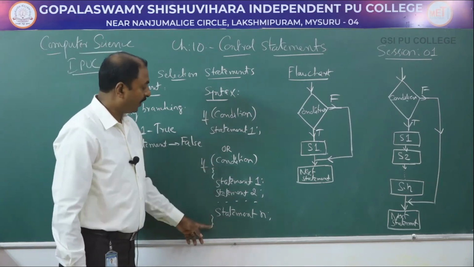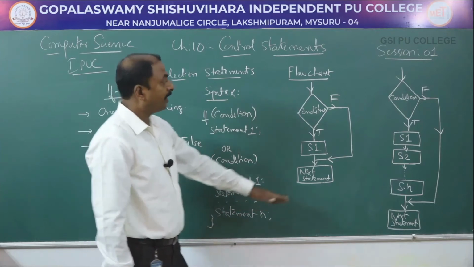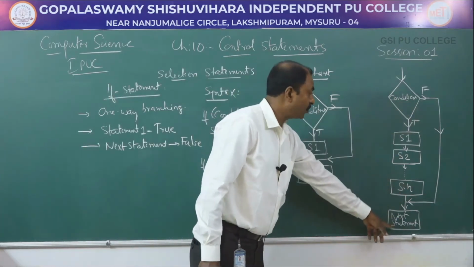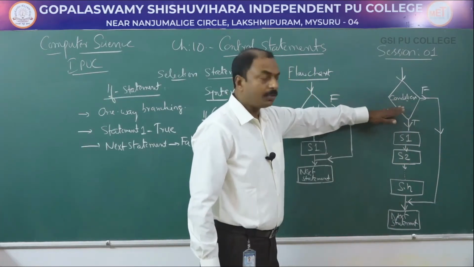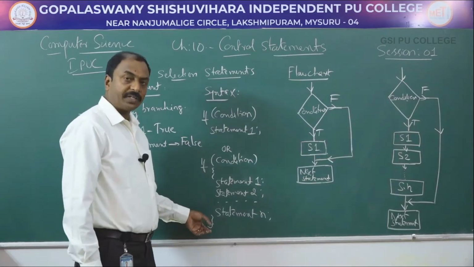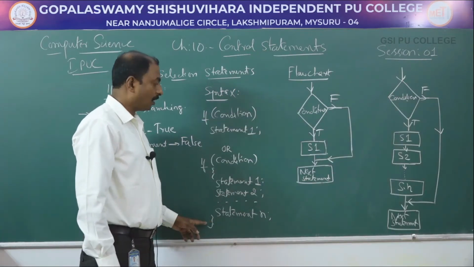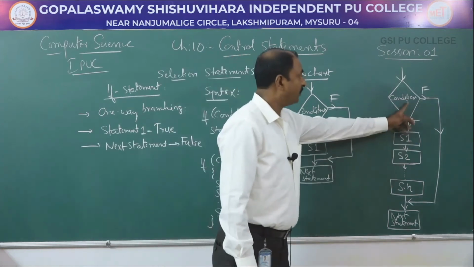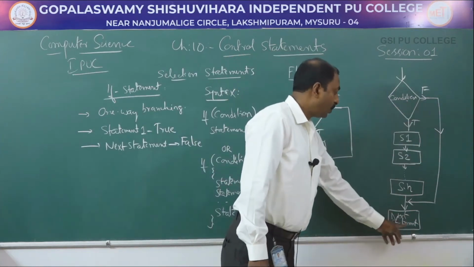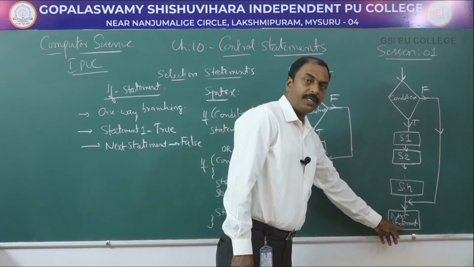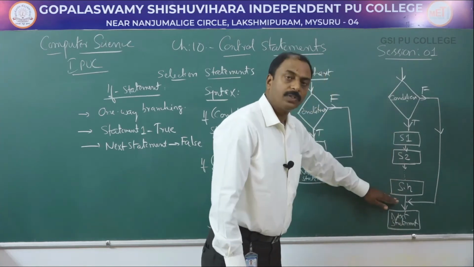Suppose if condition fails, it goes to next statement as we have shown in this flow chart. If condition is true, it executes all the statements within this block. Similarly, once the condition fails, it goes to next statement immediately after the block of statements.